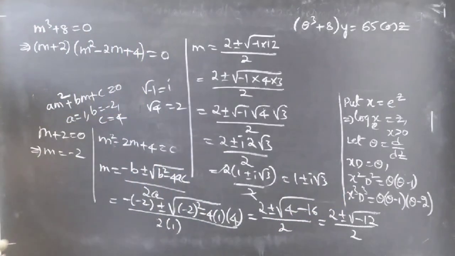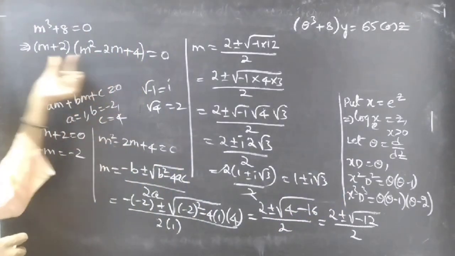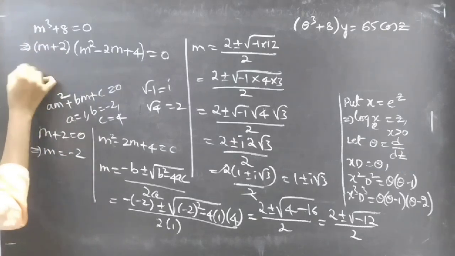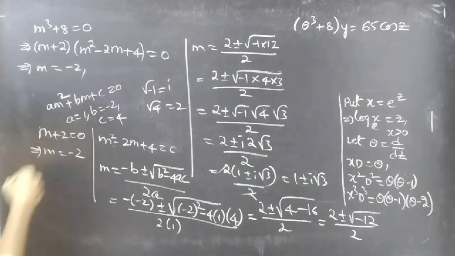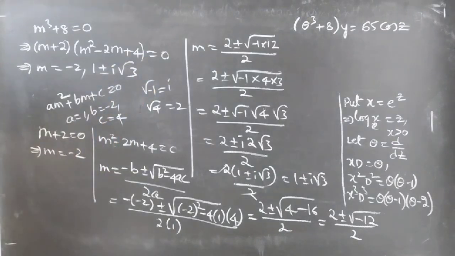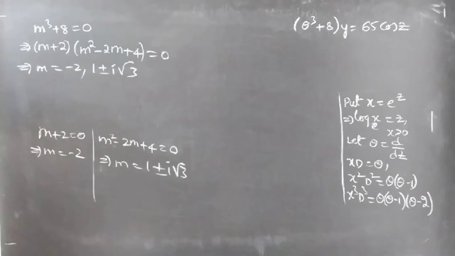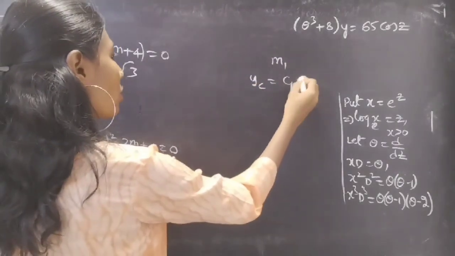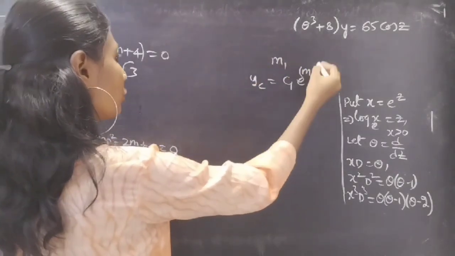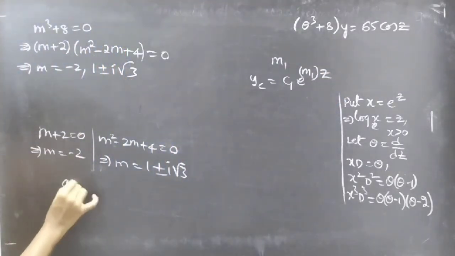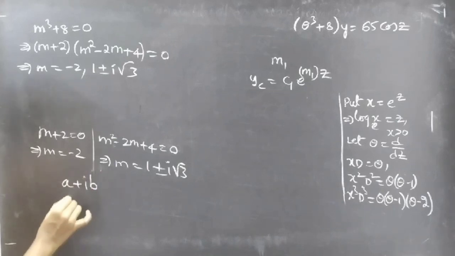A pair of complex conjugate roots from the second factor, and from the first factor we get a real and distinct root, minus 2. We'll get m = -2 and 1 ± i√3. We know that when we have one real root, then yc will be c1 e^(mz). And a + ib is a complex number and its conjugate is a - ib.